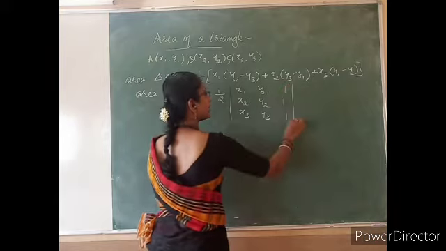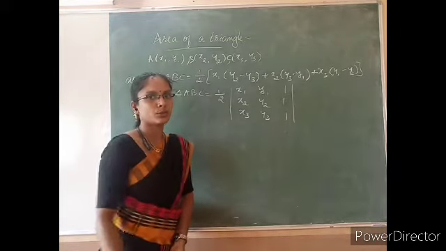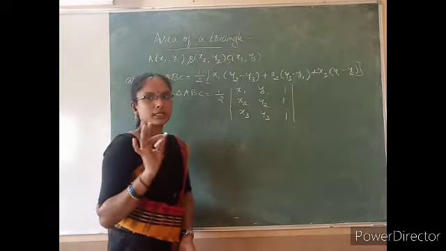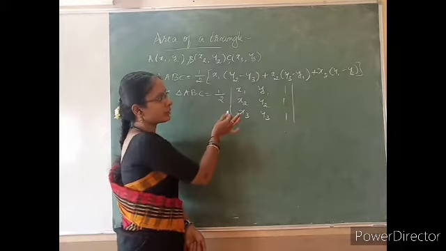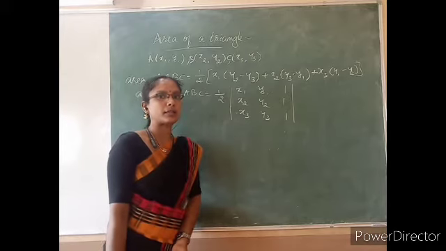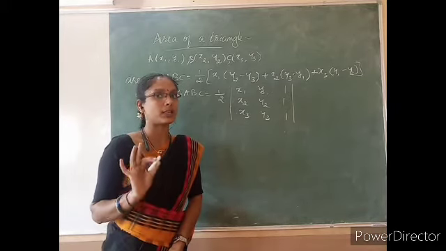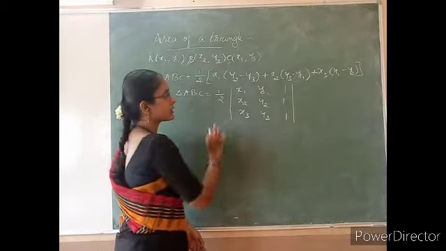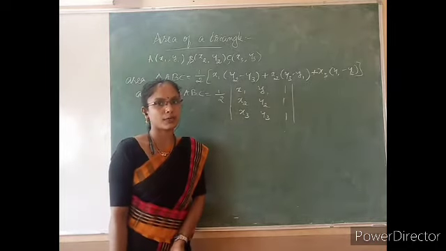So again a 3 by 3 determinant here. In the previous class, that's the reason I told you that evaluation of the 3 by 3 determinant is very important. Okay. So this is the formula to find the area of a triangle.